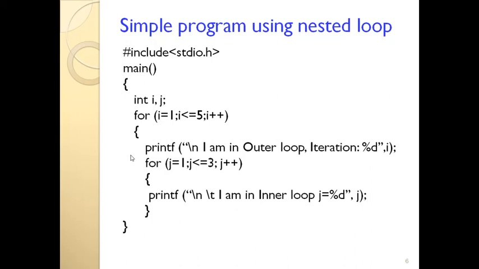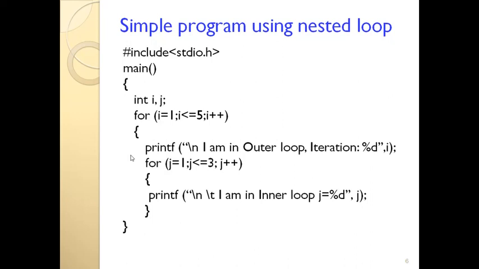Now we will see a simple program using the nested loop. Here, #include <stdio.h>, main function, int i, j declaring the integer variables. For i = 1, i <= 5, i++, the for loop begins.